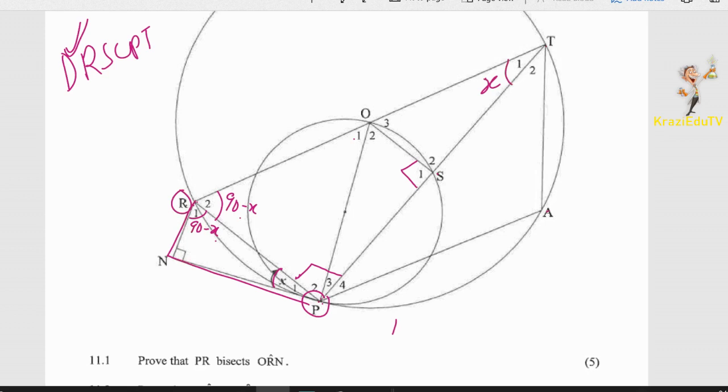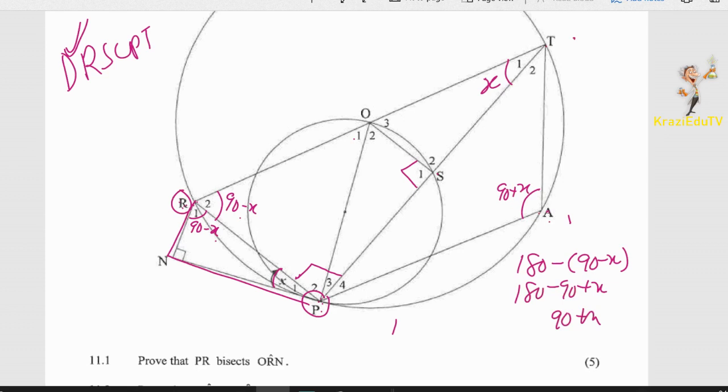Look at this, PRTS being a cyclic quadrilateral. Opposite angles of a cyclic quadrilateral are supplementary. So A would be what? 180 minus 90 minus X, which is 180 minus 90 plus X, which is 90 plus X. So this angle here is 90 plus X. Supplementary angles.